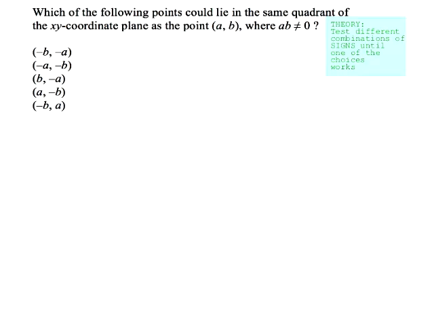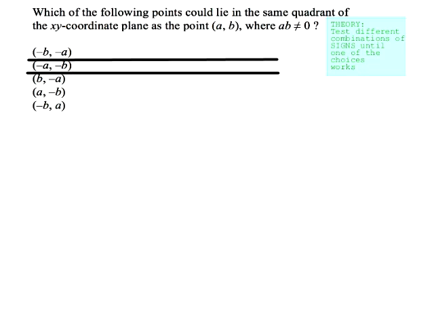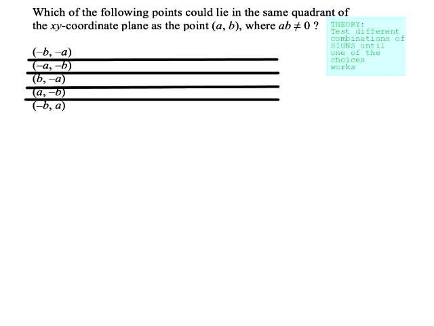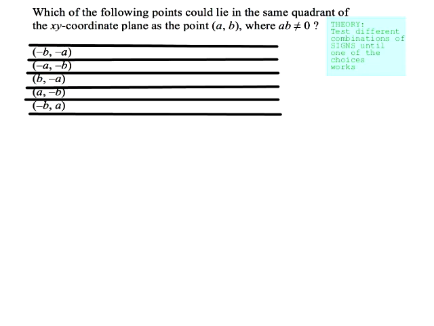Sure. I mean, what you should do is organize it. You would want to make a table on your paper that just has 5 rows for these 5 choices, and then you're just going to plug them in. You're going to pick signs for A and B, and then just see how this turns out. So positive is probably what you want to try first.